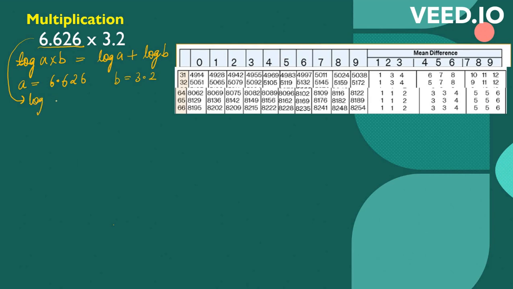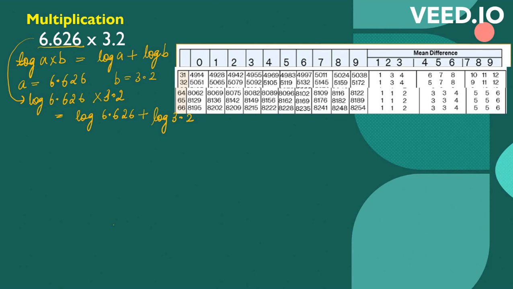So log of 6.626 multiplied by 3.2 is written in the form of log 6.626 plus log of 3.2. This is what you have to do first.